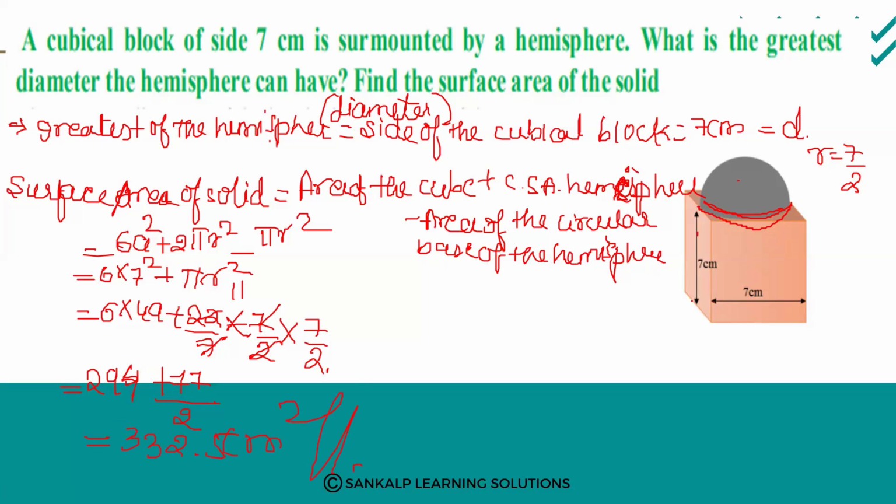So this solid is made up of one cube plus hemisphere. Total surface area of the cube plus curved surface area of the hemisphere minus this circular base, pi r square. Then we will get the total surface area of the solid.